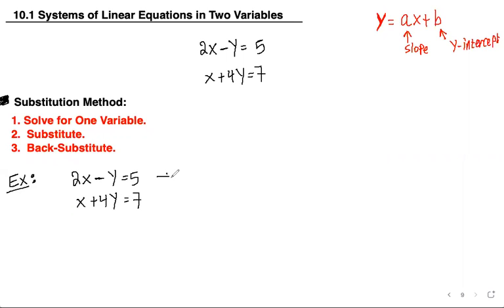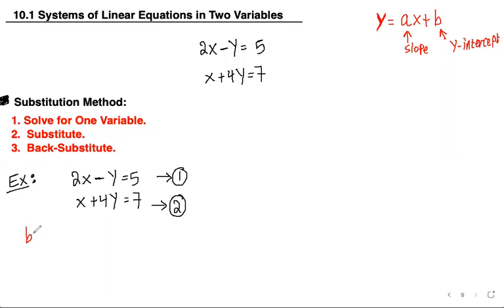So this is the first equation. This is the second equation. So solve for one variable. You have to choose one of the equations. Which equation would you like to use? Pick an equation, 1 or 2. 2. Okay, I'm going to use 2.